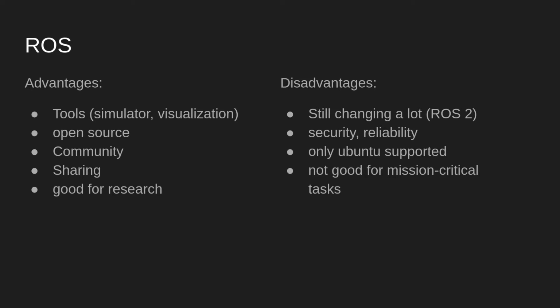So if you're working with Windows or Mac OS, it'll be pretty hard to work with ROS. And so this basically means that ROS is not really good for mission critical tasks. For example, if you're to send your robot into space, or if you're programming a flying robot.